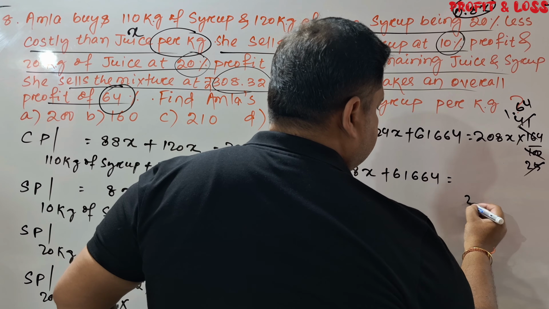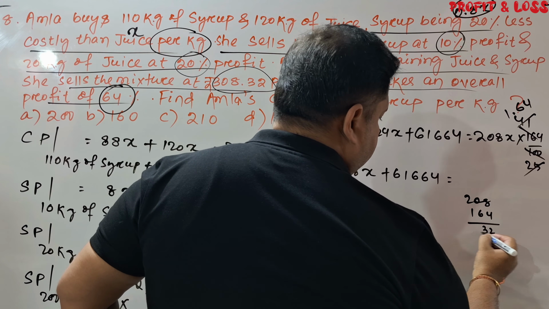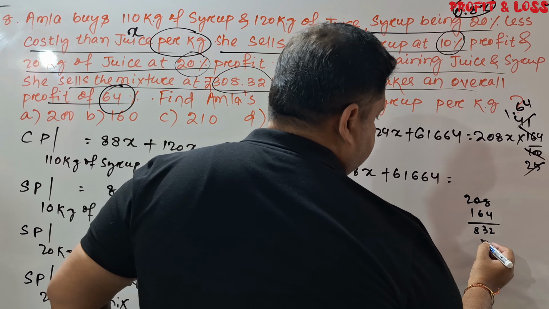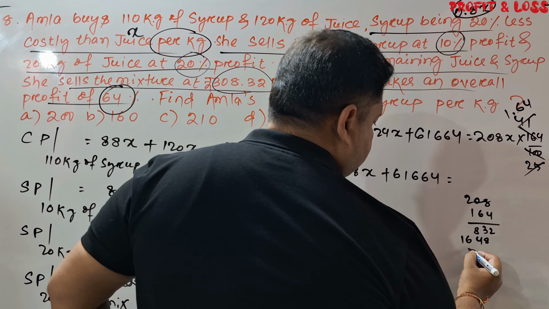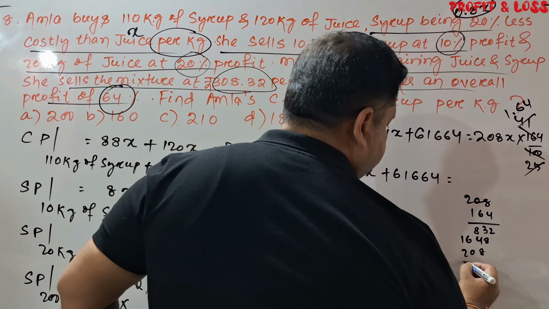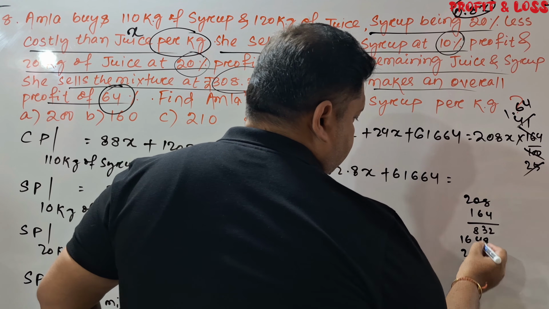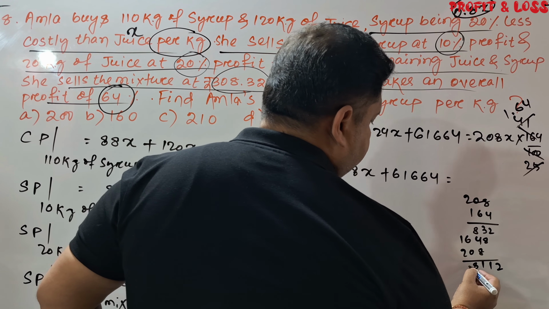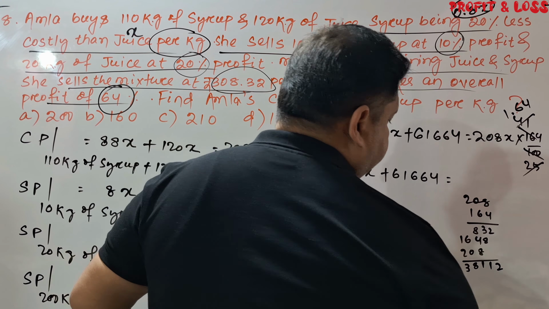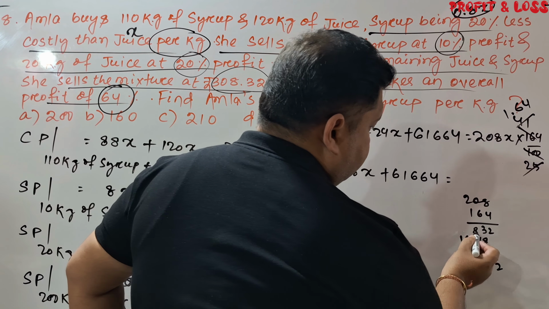Here I will do the calculation. 208, 164, 32, this is 8, then this is 48, 8 into 2, 16, then this is 208, 208. If I do the calculation, 2, 11, 1 carry 1, 20 and 1, 21 carry 2, this is 8 and this is 3. Okay, so how much I will get? 16, 20.